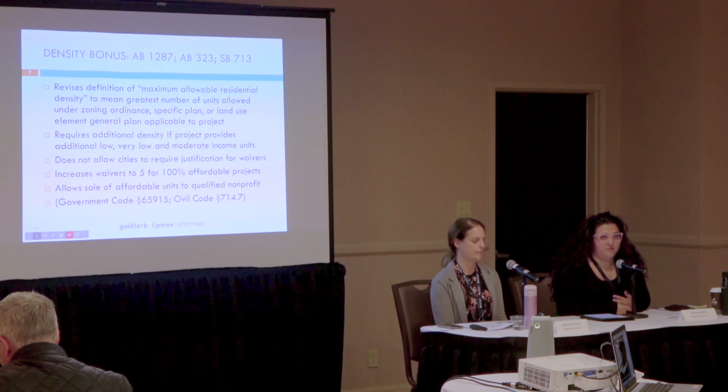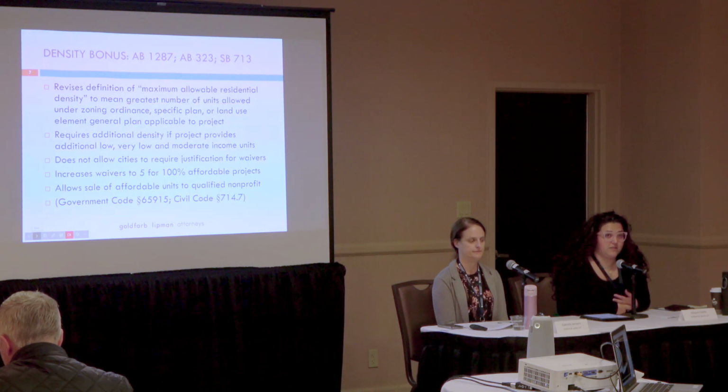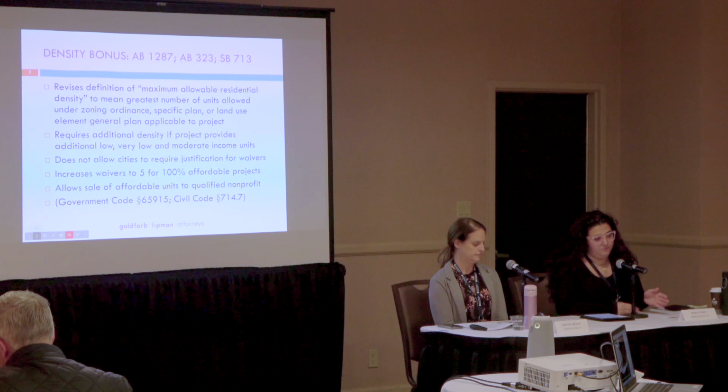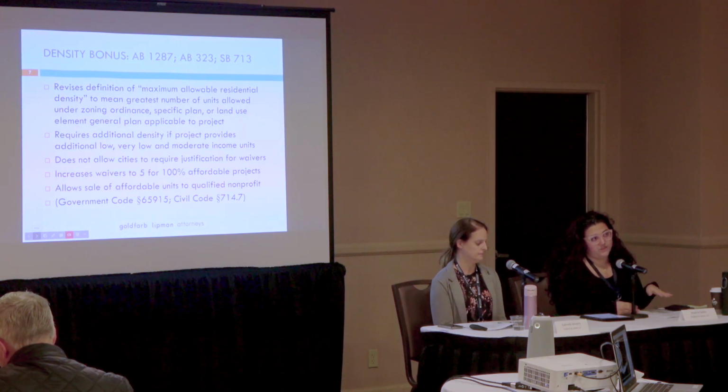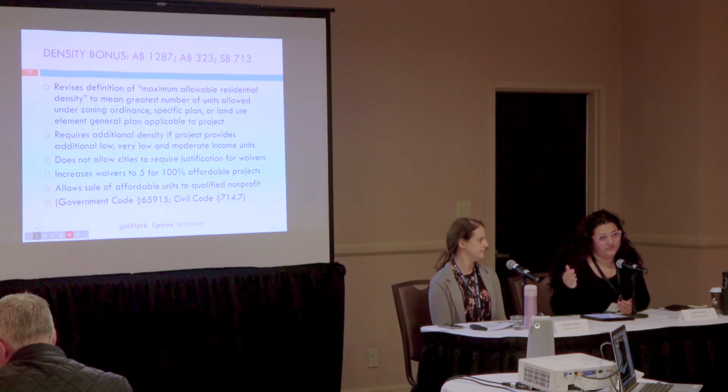If you are providing X amount of affordable housing, you also get to ask the jurisdiction to not apply certain development standards. That ranges from one incentive for the lowest amount of affordable housing up to the top, which is 4 incentives.